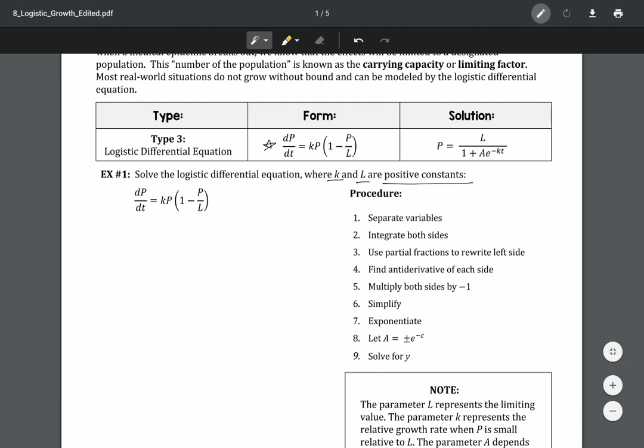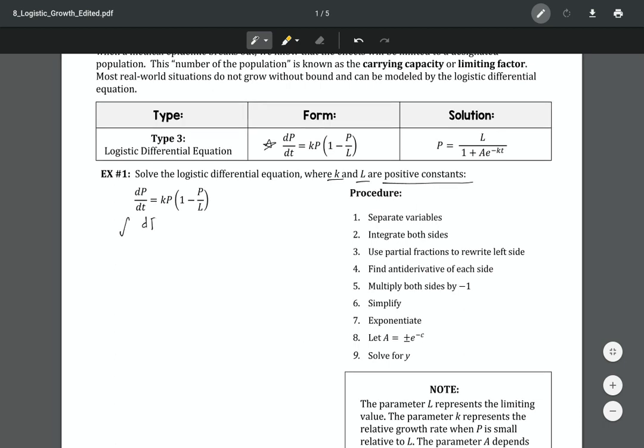So first, let me see. Okay. So again, we're going to multiply the right side times dt, and all we're going to leave on the right side is the k. All right, so again, I'm going to use separation of variables.